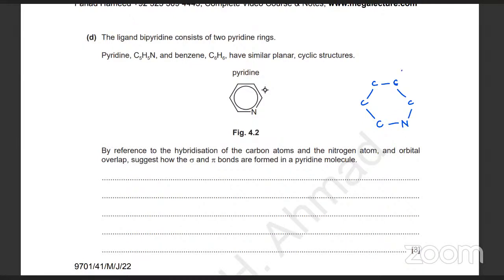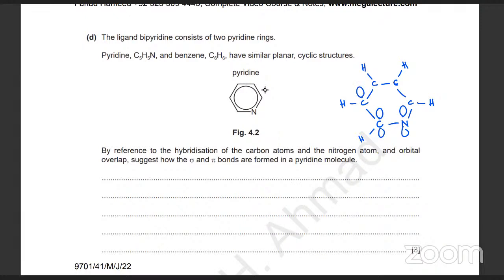And each atom is making 3 bonds, except for the last one, which will not be making 3 bonds. It's going to have a p orbital available.